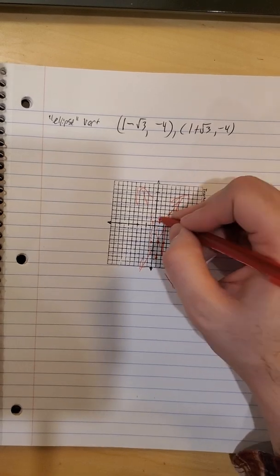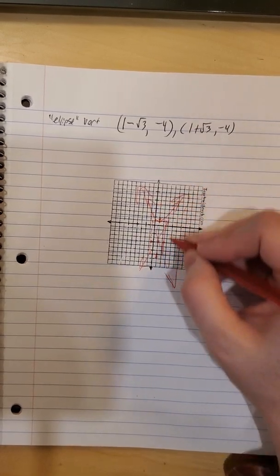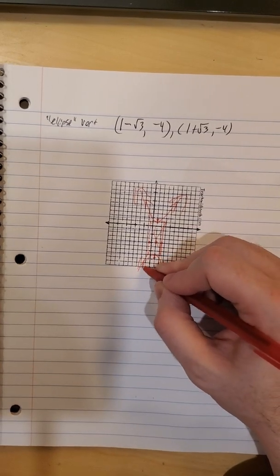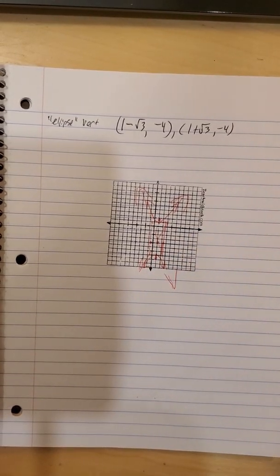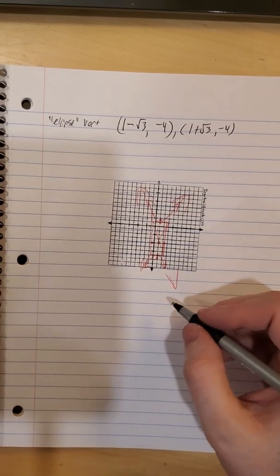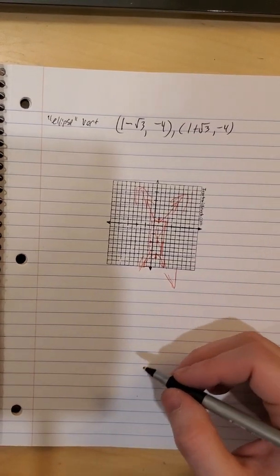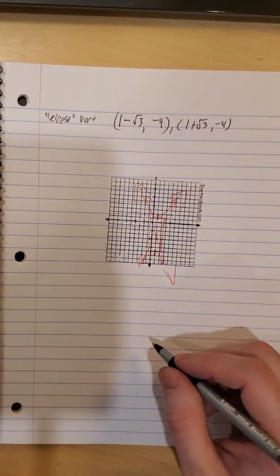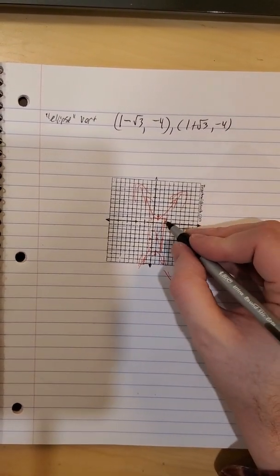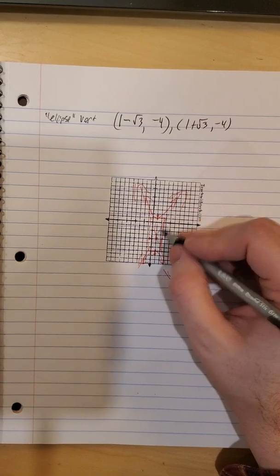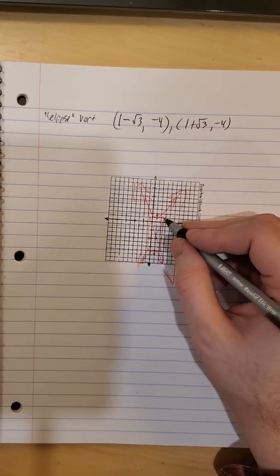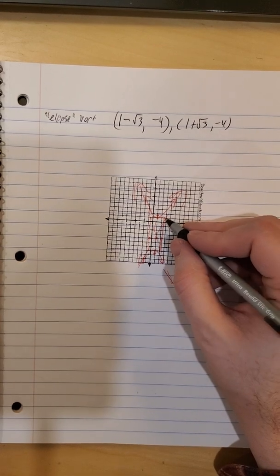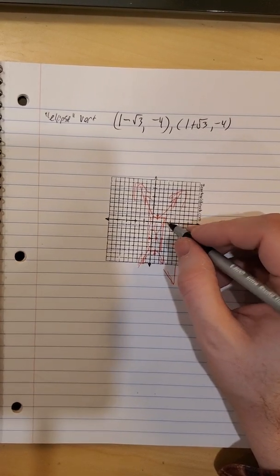Remember this one opens up and down. And again, just for time, I'll only find one of the asymptotes in the example. I'll have you find the other one.